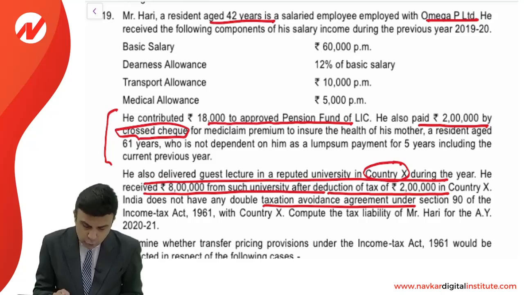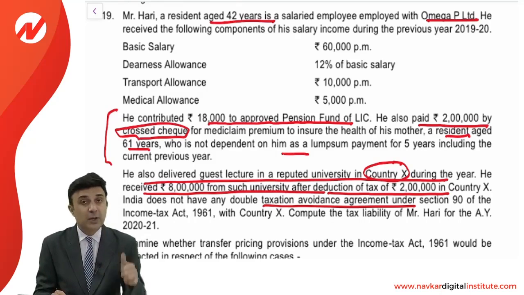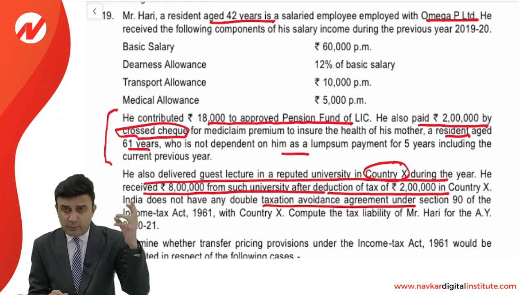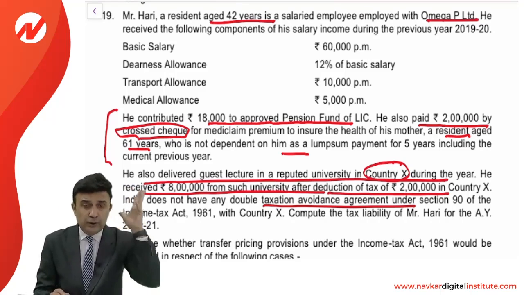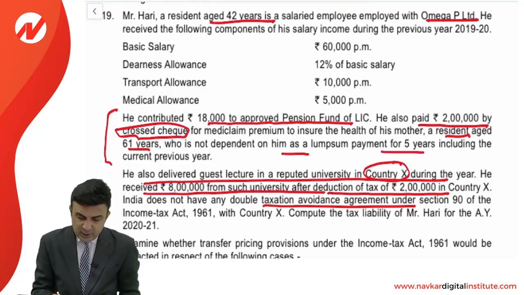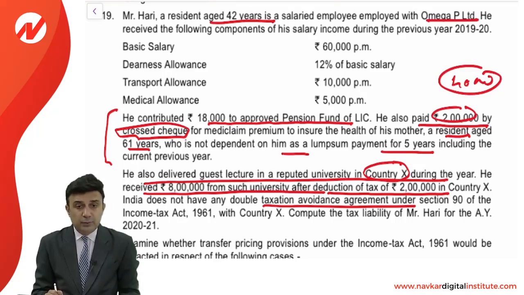He paid 2 lakh by cross cheque for the health of his mother, resident aged 61 years, who is not dependent on him. Parents, whether dependent or independent, will be eligible. Parents, if senior citizen, the assessee would be able to get 50,000 in aggregate for both the parents if they are senior citizen residents. It is paid for 5 years. So per year, can we say it is 40,000?